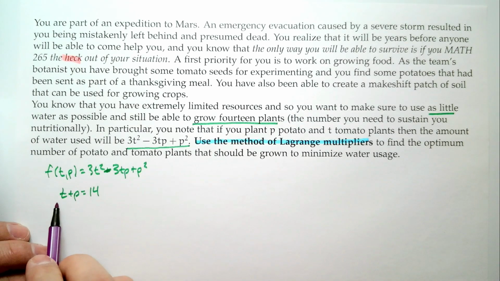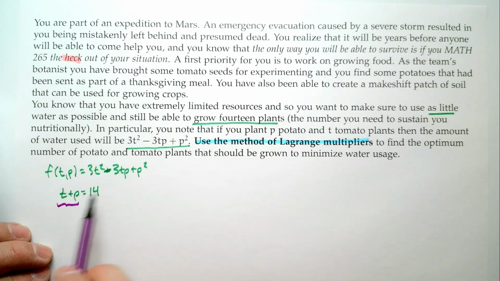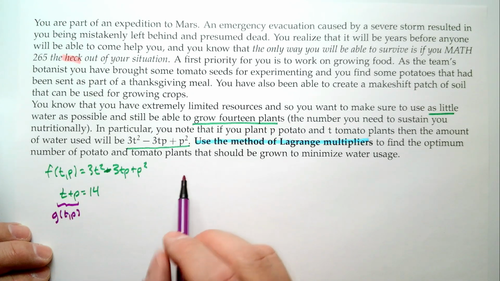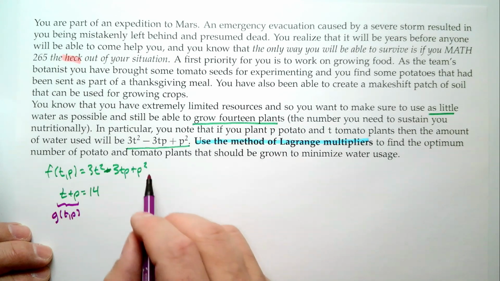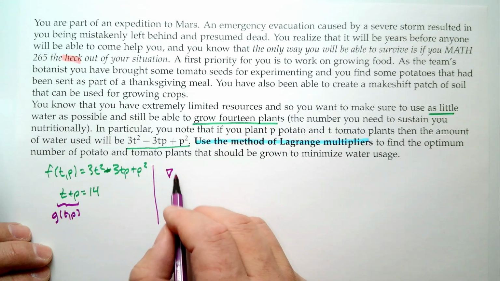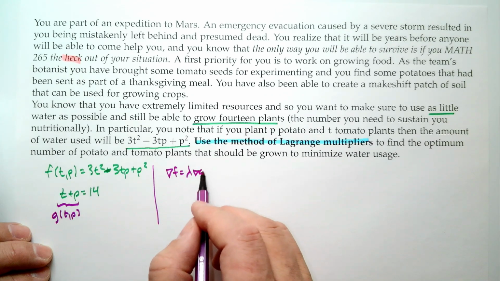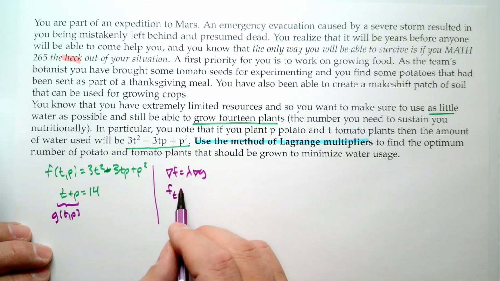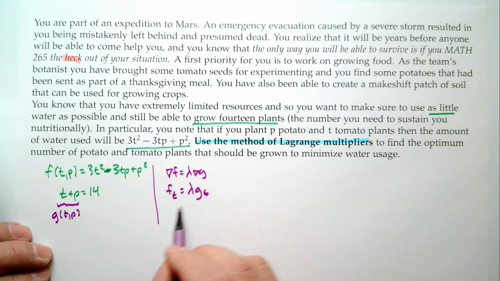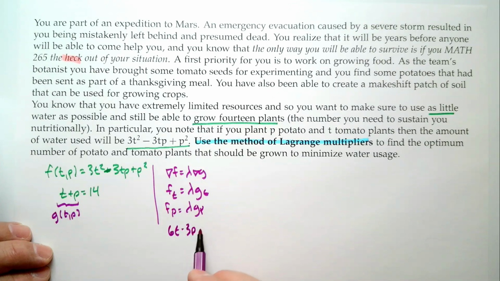Now this t plus p, that's our constraint, because it's t plus p equals a number. So that's my g of t comma p. And our basic mindset when we use the method of Lagrange multipliers is very simple. Gradient of f equals lambda gradient of g. So what you really get is a pair of equations. f sub t equals lambda g sub t, and f sub p equals lambda g sub p, which becomes 6t minus 3p had better equal lambda times 1, because g sub t is 1.